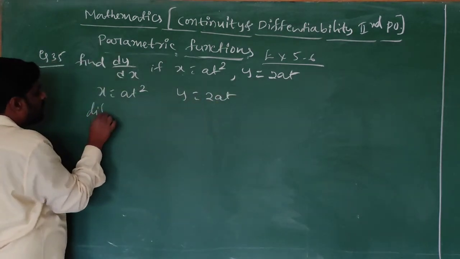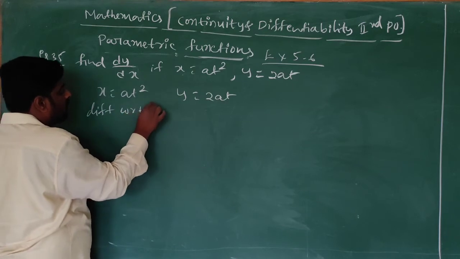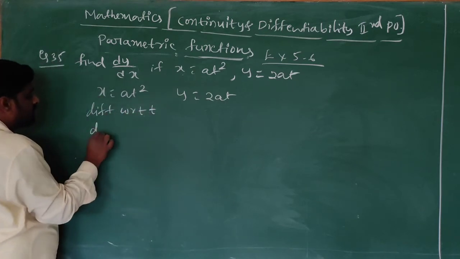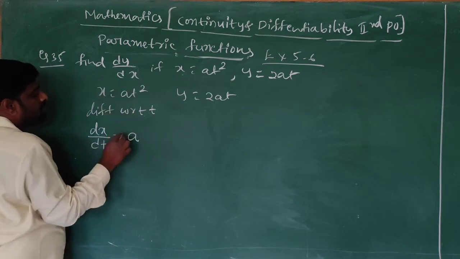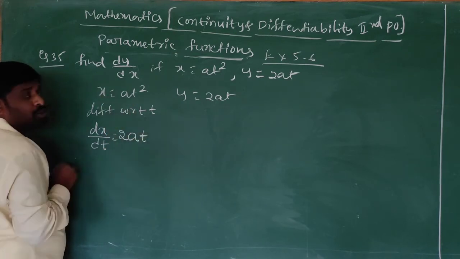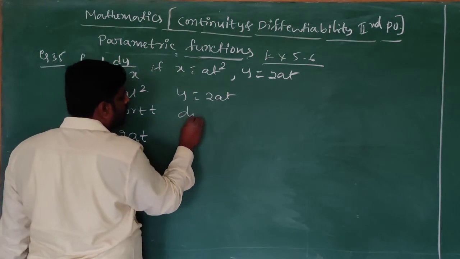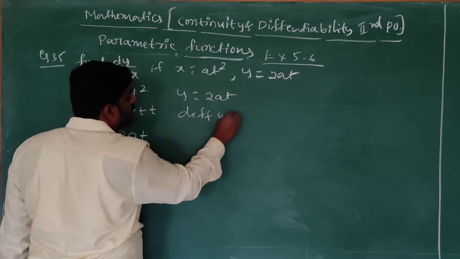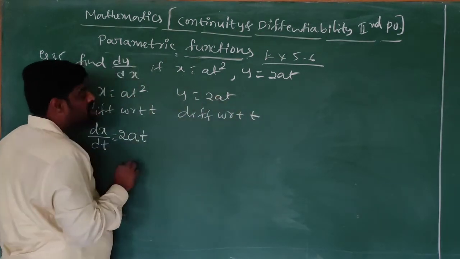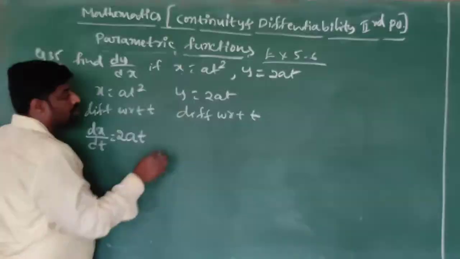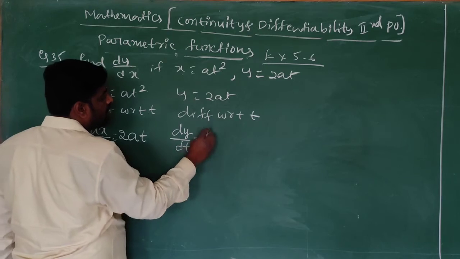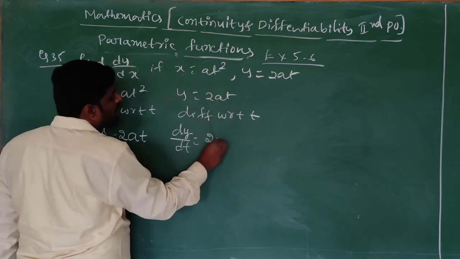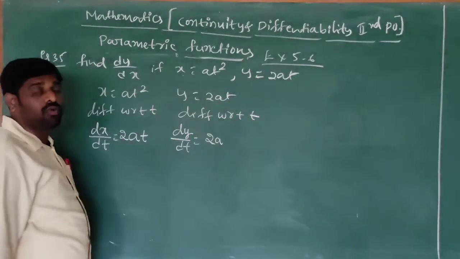So differentiate with respect to t. X differentiation is dx by dt, a as it is, t square differentiation is 2t. Here also we can differentiate with respect to t because t is the third variable. So y differentiation is dy by dt is equal to 2a, as it is, t differentiation is 1.